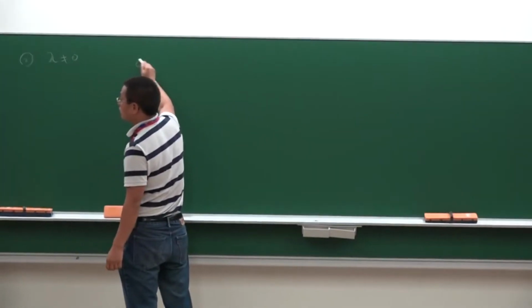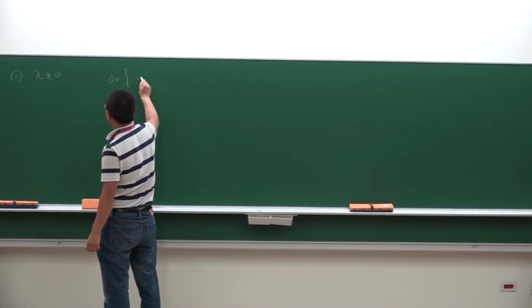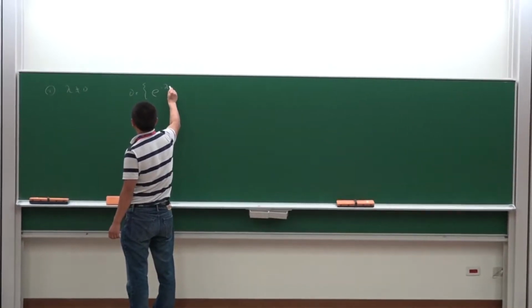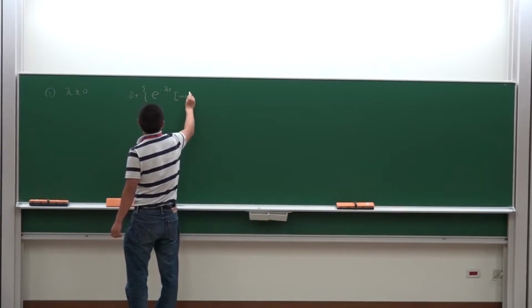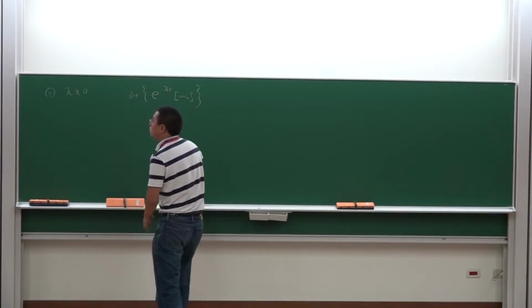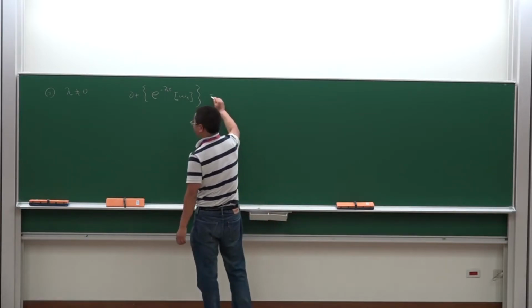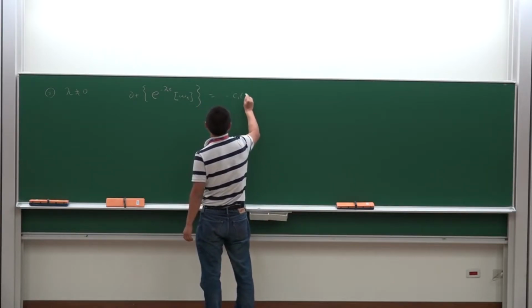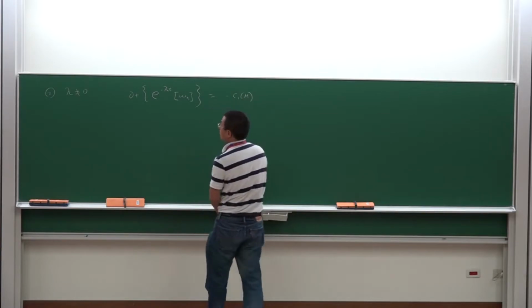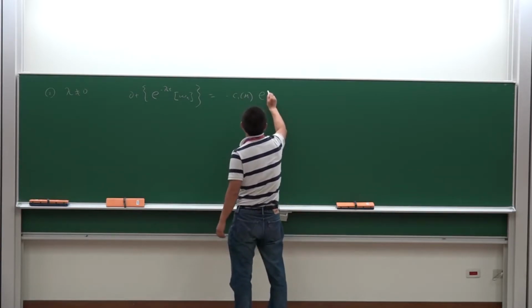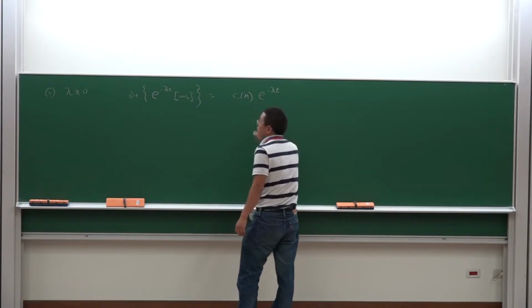Let's say d/dt of e to the negative lambda t over omega t will be negative c1(M) times e to the negative t.